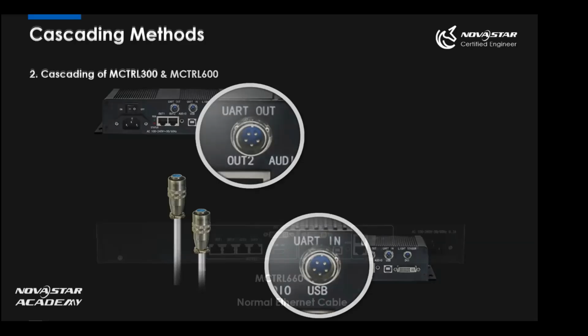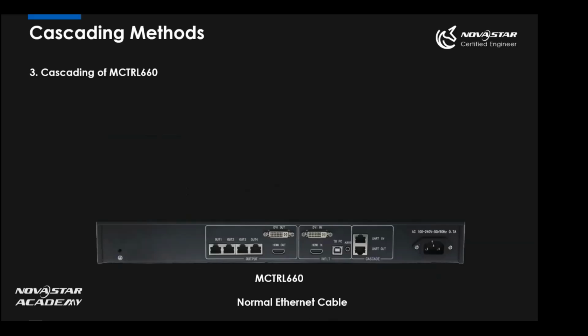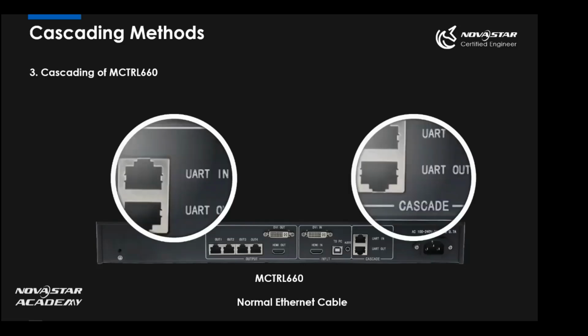The third one is M Control 660. This device has an LCD panel on the front side compared with the M Control 600. And the cascading interface is also different.